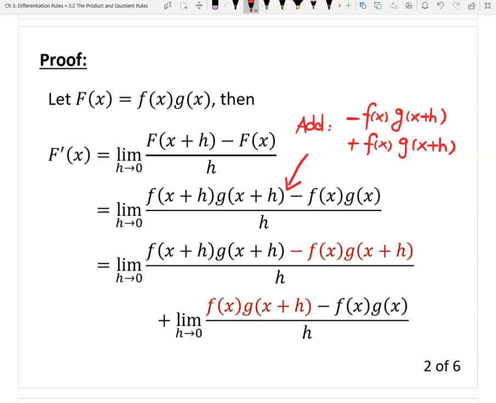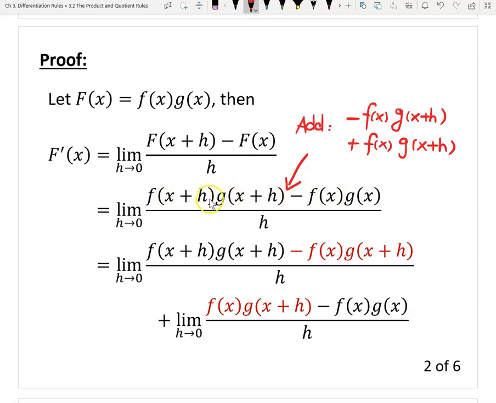Okay, the first 2 terms we group together becomes these 2. Okay, the first term minus this, right? The second 2 terms we group together, which is f(x) g here minus f. You cannot see here. Okay, which means we just add minus 1 term, add the 1 term. Therefore, the original 2 terms, now we have 4 terms, right?